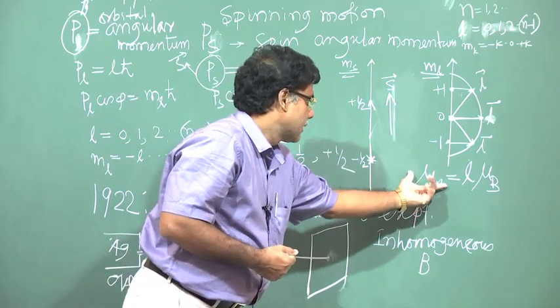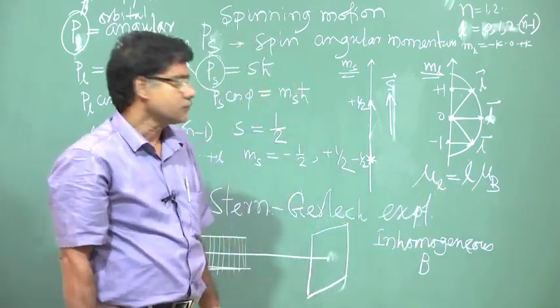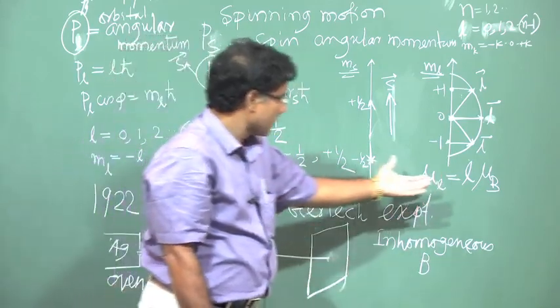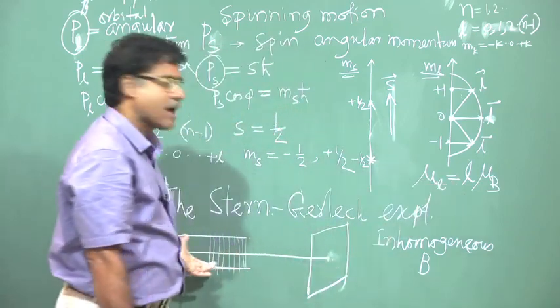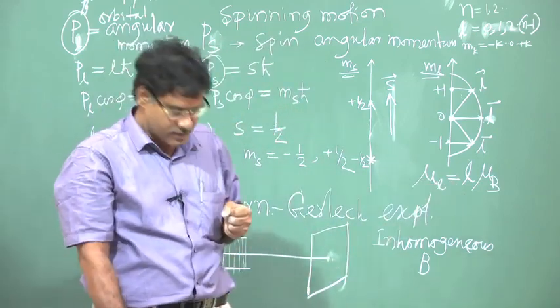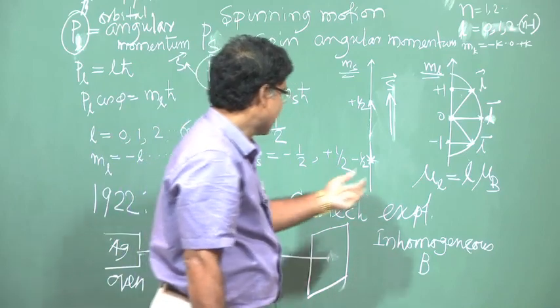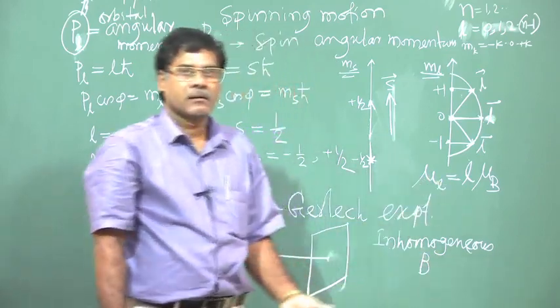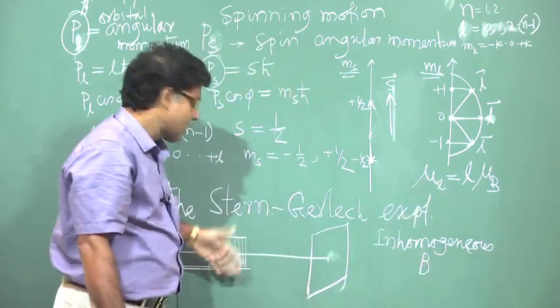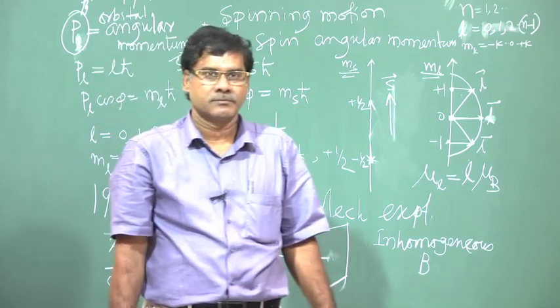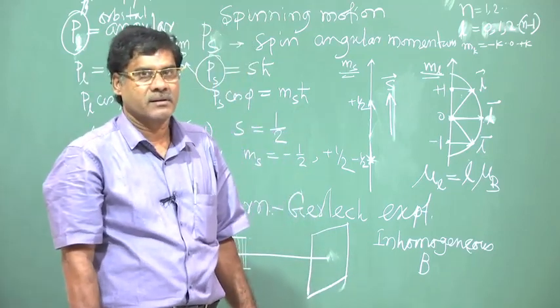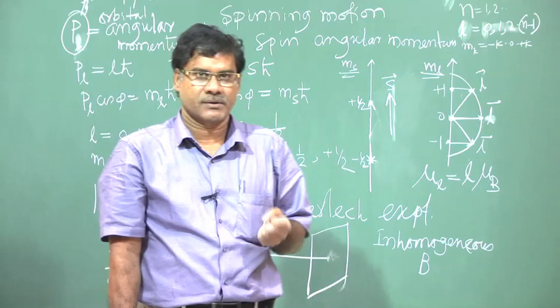And now the silver atom should also have magnetic moment mu L, and because of applying the magnetic field, there will be a force on it.